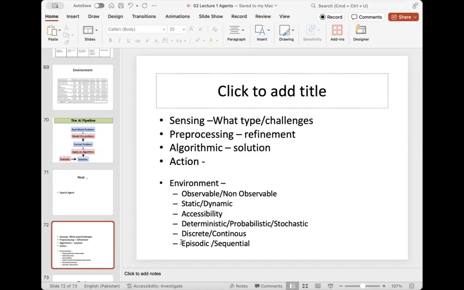Okay, so let me give you an example and then you can tell me whether this is episodic or sequential. So if you have, let's say, a table, and on that table you have placed some objects. And I develop a robot which picks objects of color red.